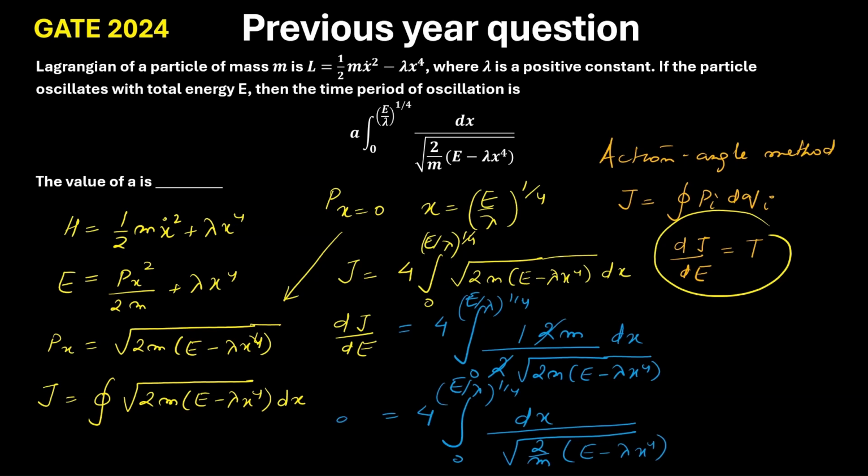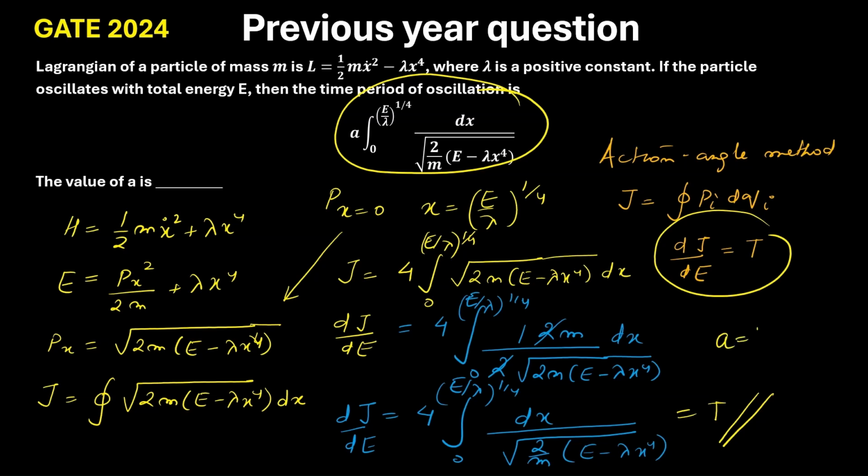Now this is dJ by dE, which is nothing but the time period. If you compare this integration with the integration given in the question, we can see that the integration is the same, so a will be equal to 4. So a equals 4. This is the final answer.